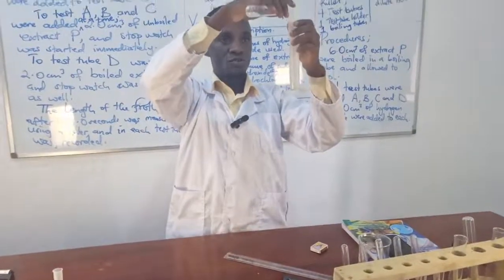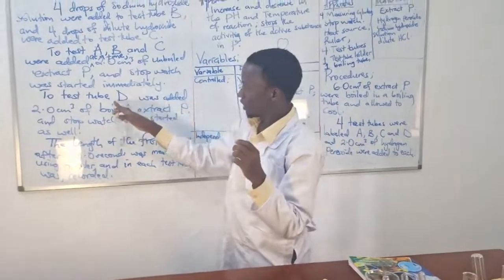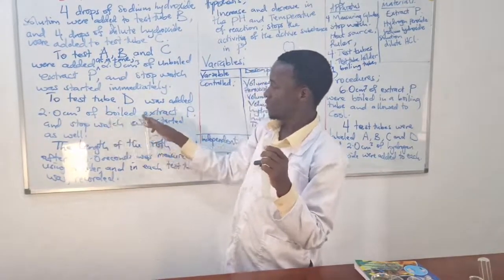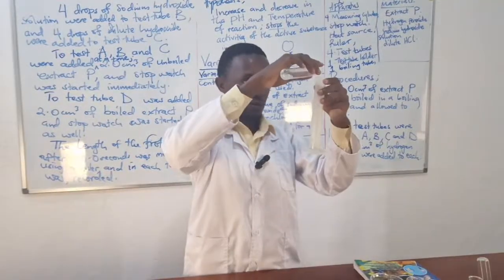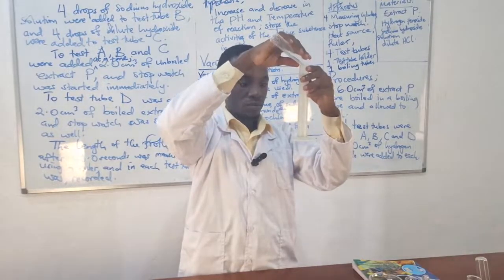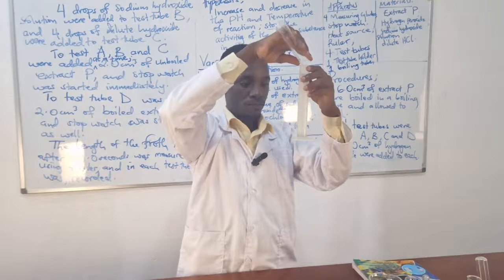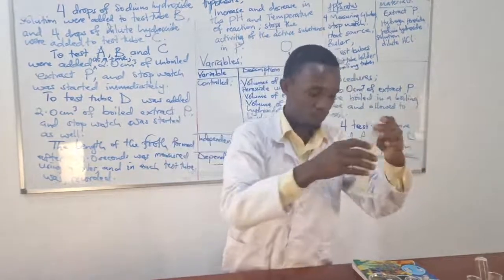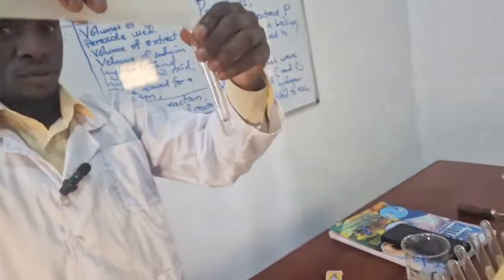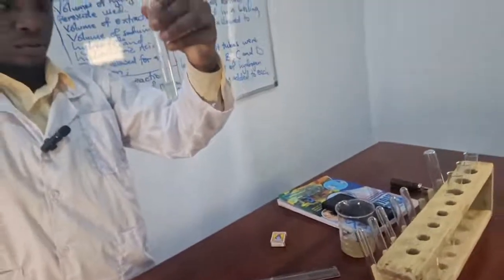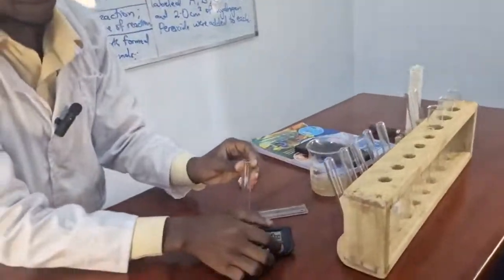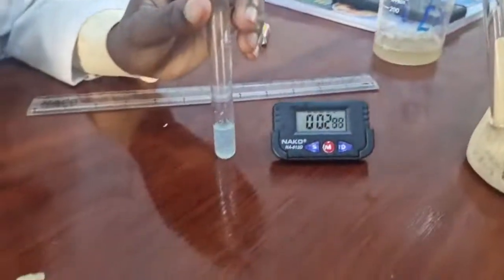I'm going to measure only 2 of the boiled extract, because they told us in test tube D, we are to add 2.0 cubic centimeters of the boiled extract P. So this is my 2. I'm transferring it to the test tube and start my stopwatch immediately.